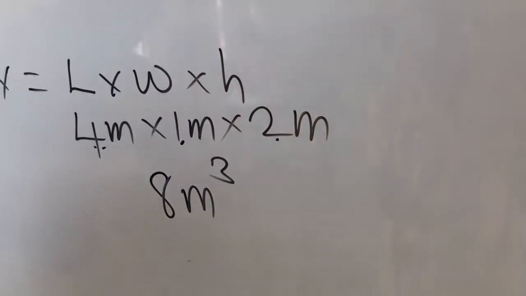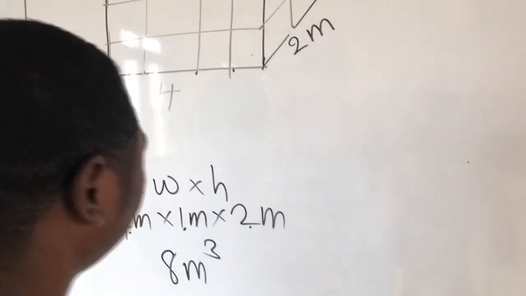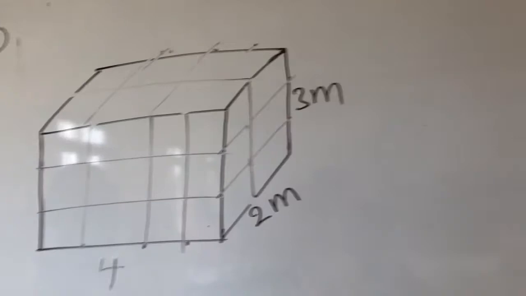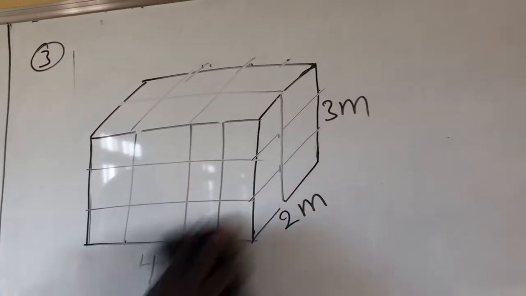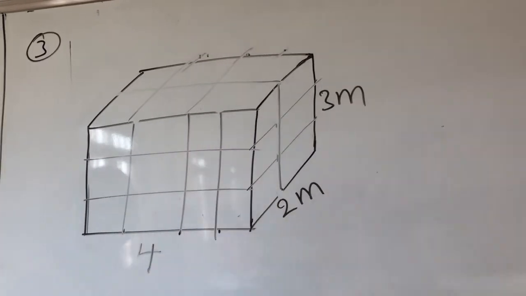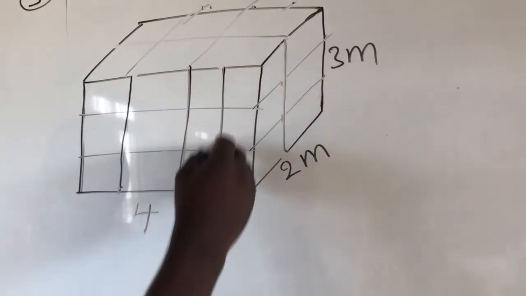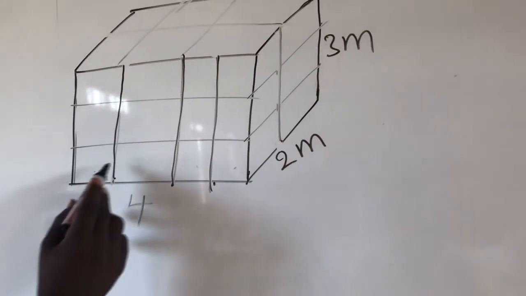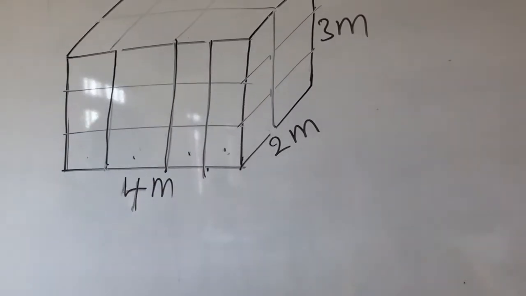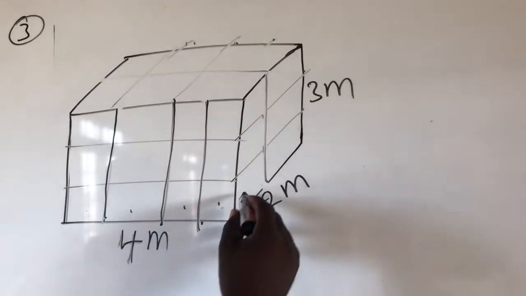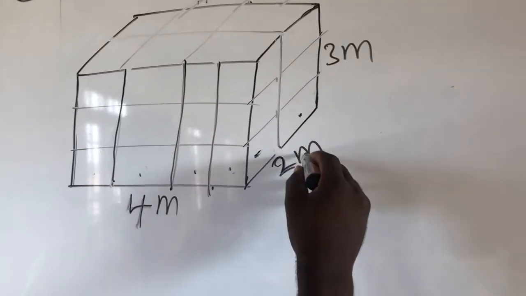Let's come to the next example, which is example 3. I'm cleaning this one because I want to use this side to calculate this. This time we have 4 cubes arranged, 1, 2, 3, 4, also measured in meters. And the width, we have 2 cubes arranged there, which is 2 meters.